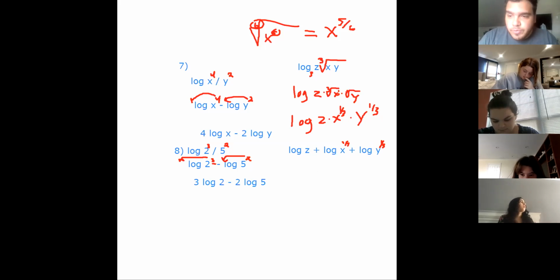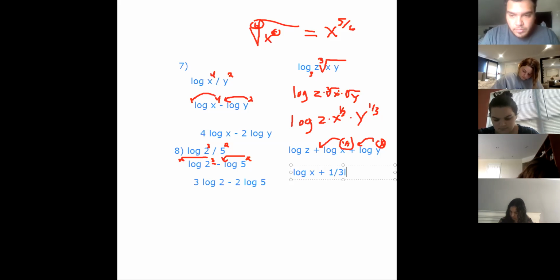And then from there, we can move these exponents in front. Regardless of their fraction, we can move the exponent in front. It's still an exponent. So our final answer is going to be log z plus 1/3 log x plus 1/3 log y.